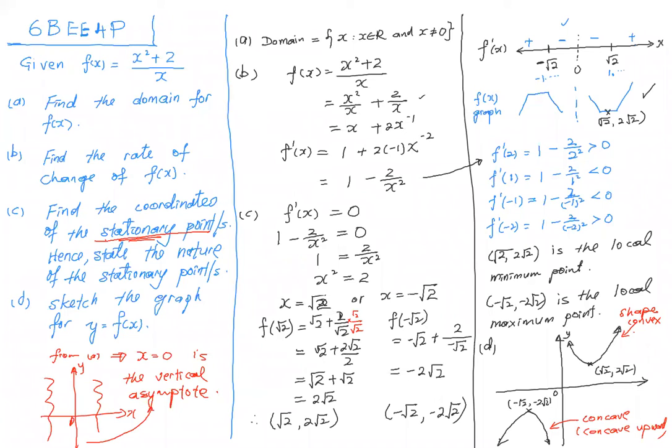Are you clear? If you want to know the nature of the stationary point, what sign diagram must you draw? You must draw the sign diagram of f prime x, because it tells you the rate of change of f x. Are you okay? Any further question on this?